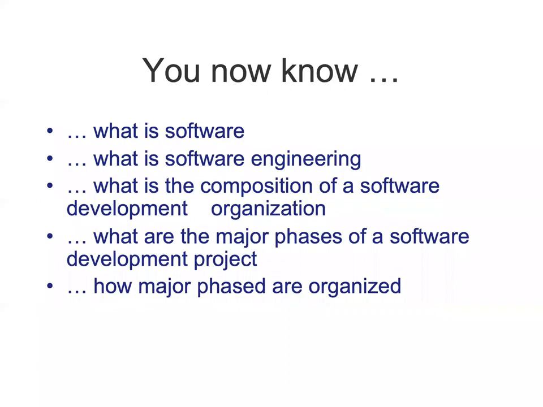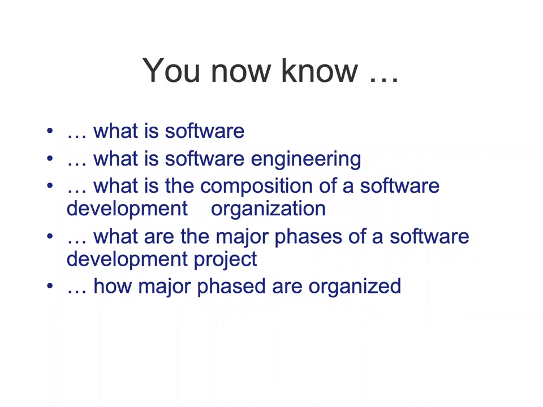All right. After this session, what do you now know? First, what software is. Second, what software engineering is. Third, what the composition of software development organizations is. You know who they are and how everybody's responsibility takes place within the software development team.